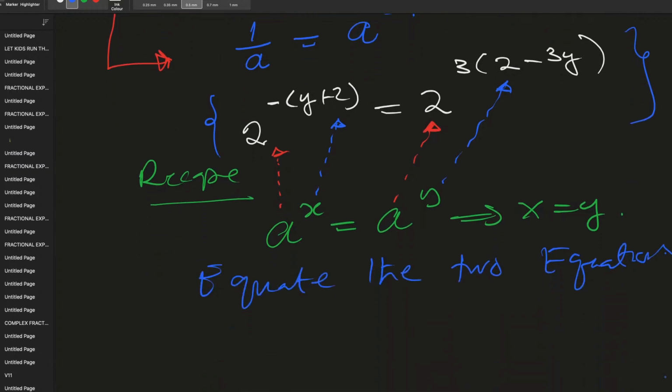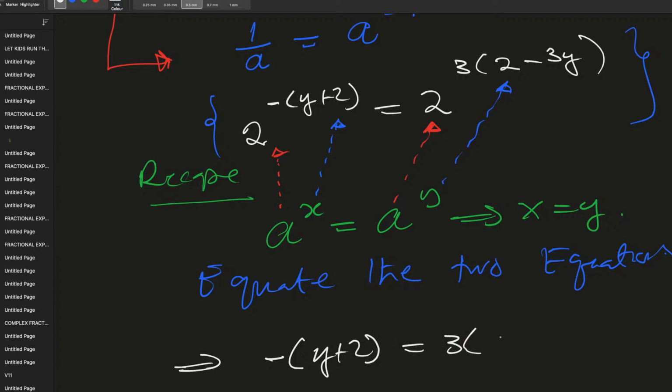Easy. So now we can say confidently that this implies minus of y plus 2 will always be equal to 3 times 2 minus 3y.